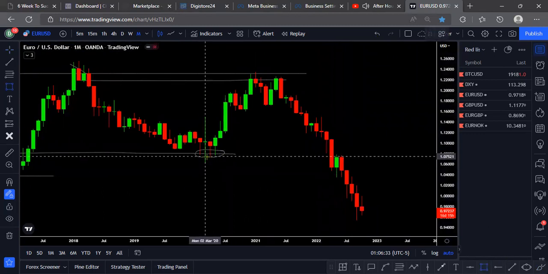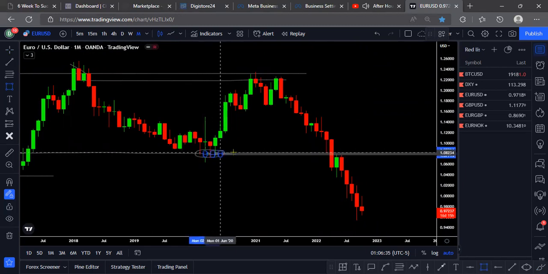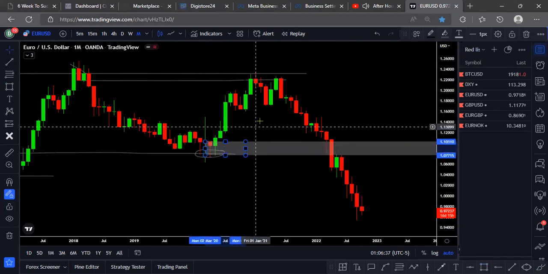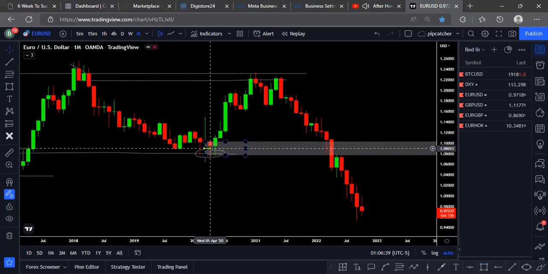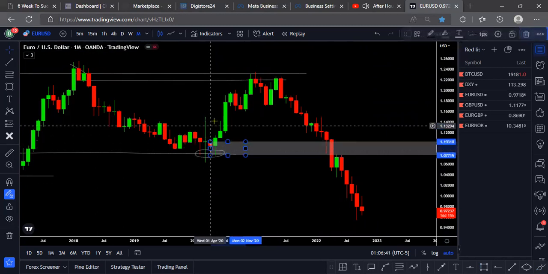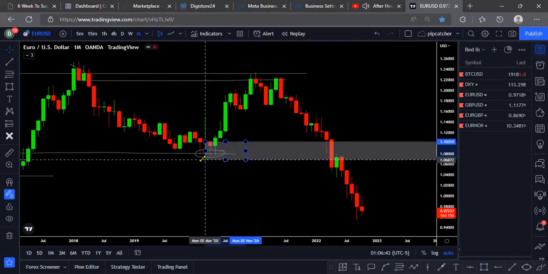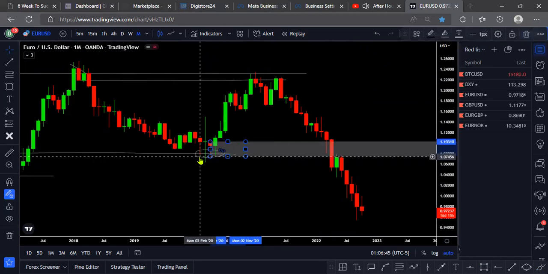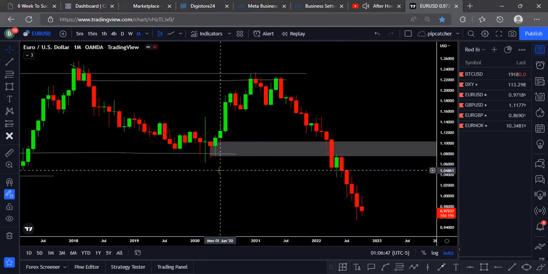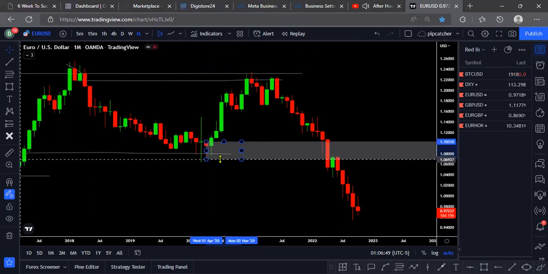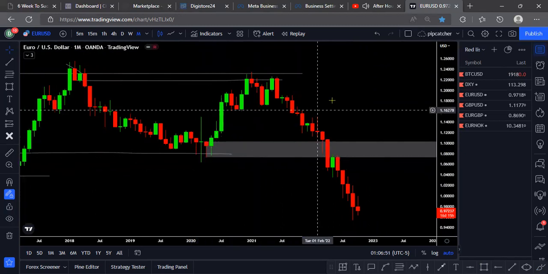So this whole thing, see this whole candle here? So we put that from wick to wick.